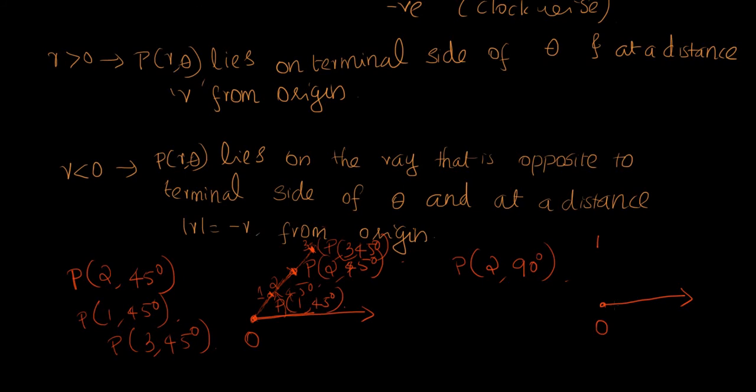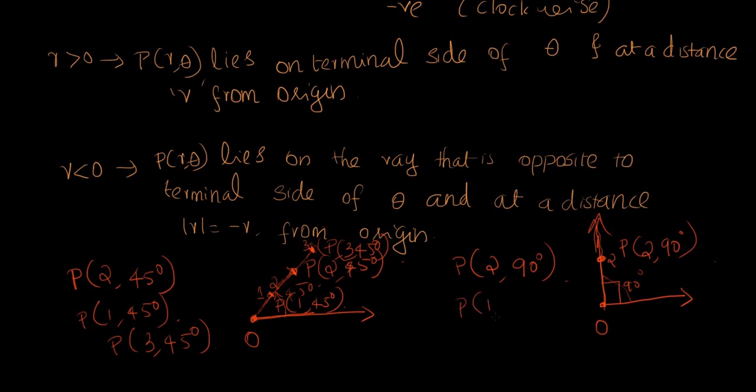We measure from the polar axis a 90-degree ray, that is here. This is the 90-degree ray. On this ray, the distance from the origin, suppose this is 2. So this is the point P(2, 90 degrees).